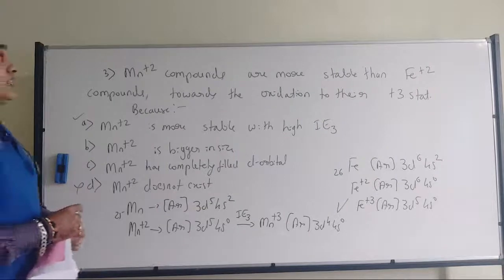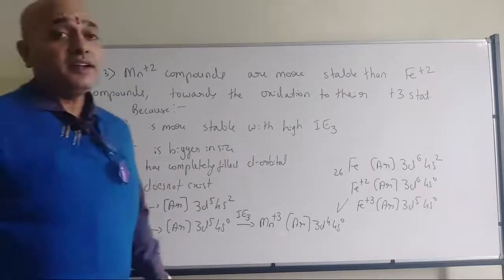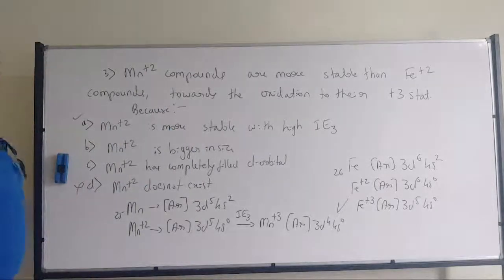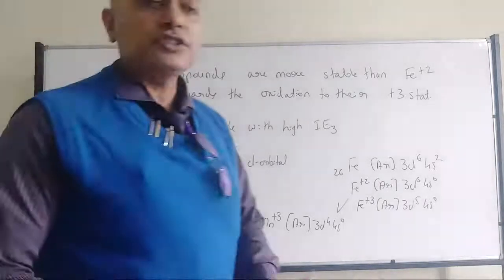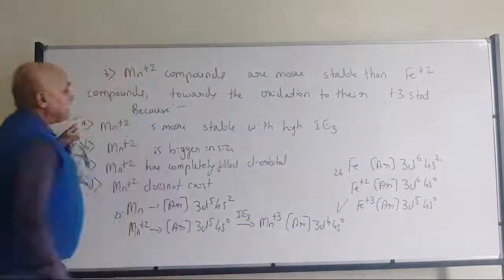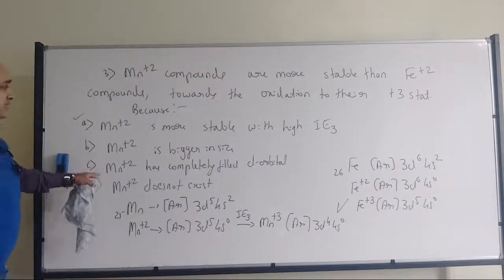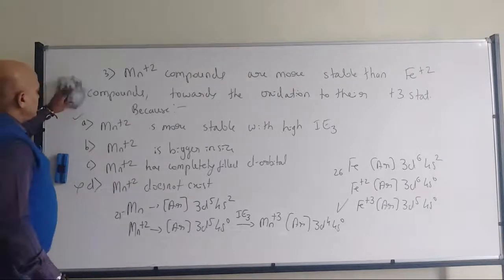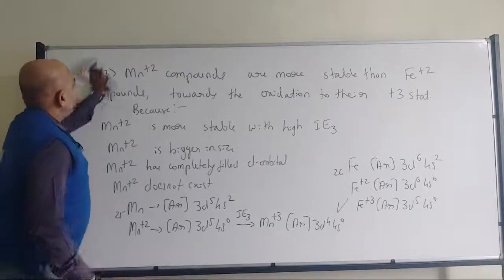So due to that, Fe plus 2 can easily go for plus 3 oxidation state, but not manganese. All of you have understood? So that's where we have the answer as option A. So this one, completely filled d orbital, is not the correct answer. It is half filled. It's not completely filled. Okay?